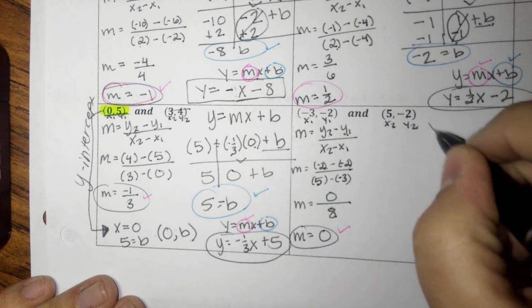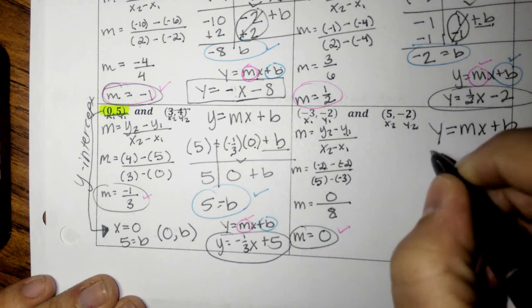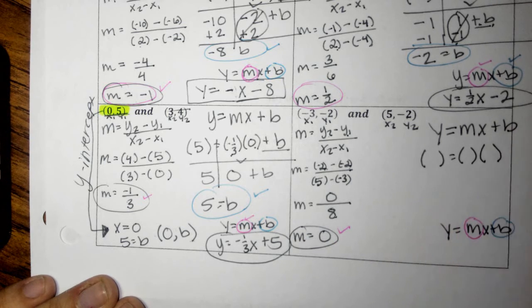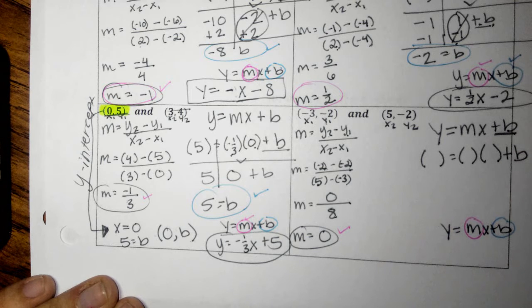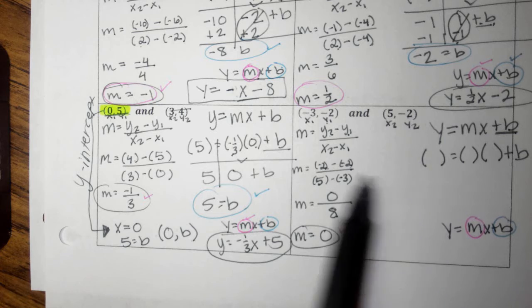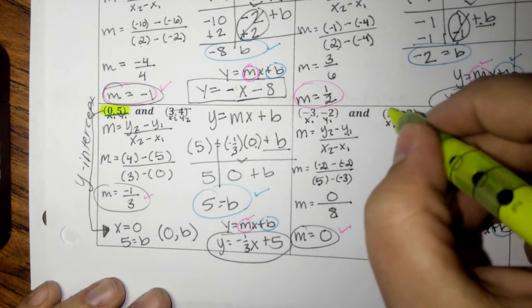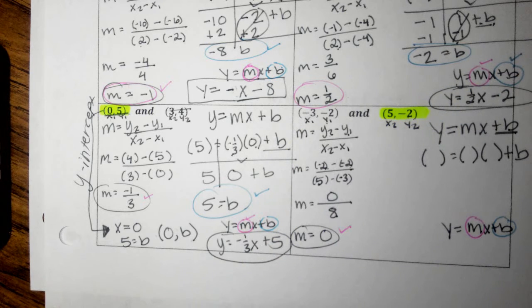To find the y-intercept, we're going to write the equation y equals mx plus b. I'm going to put bubbles everywhere I see a variable, except for b, because I'm trying to solve for b. I need to pick an ordered pair. I'm going to pick this ordered pair because for me, 5 is easier to work with than 3.